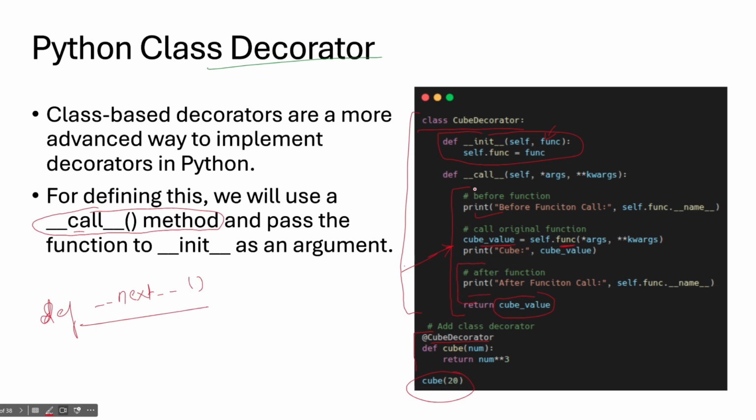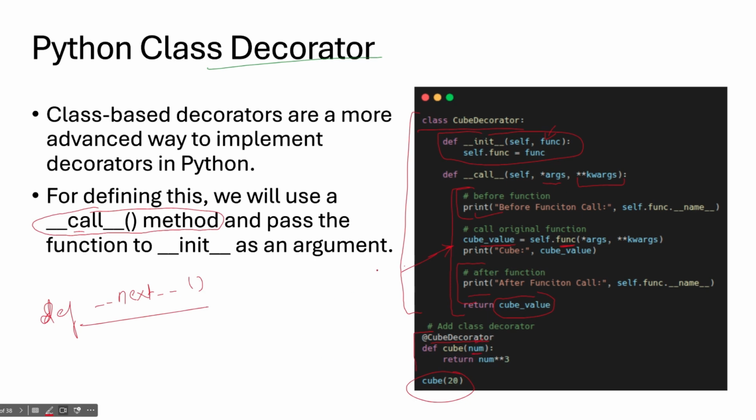So this is after, this is before. Now here we are passing these. This is known as variable length arguments, and this is known as keyword arguments, right? This is positional and this is based on keywords. So whatever arguments you pass, it will take those arguments.